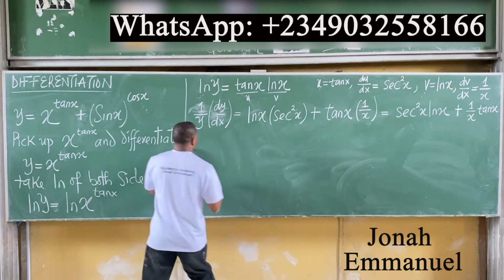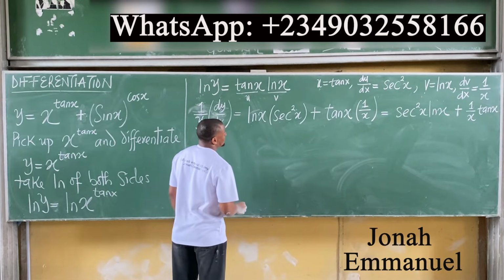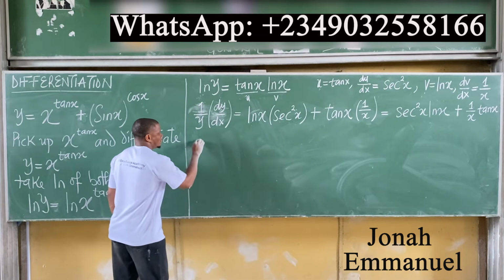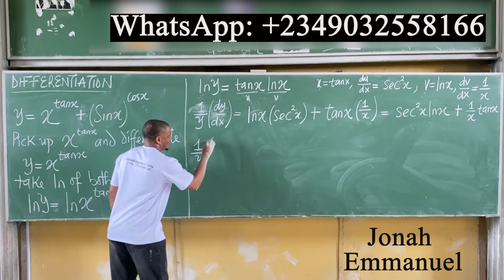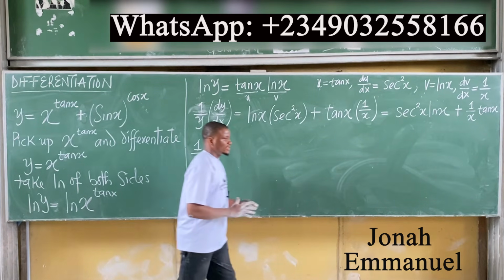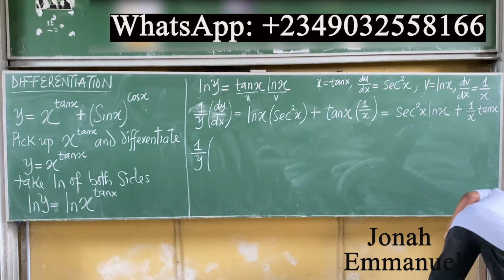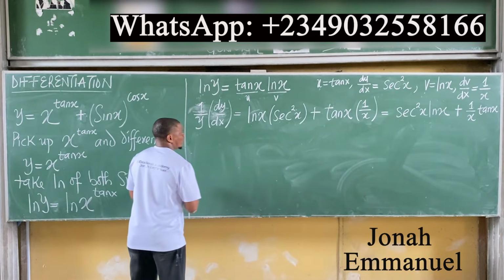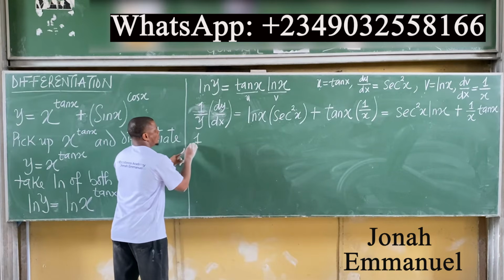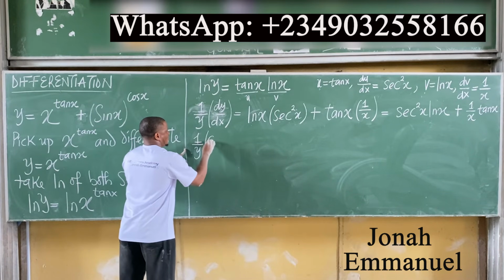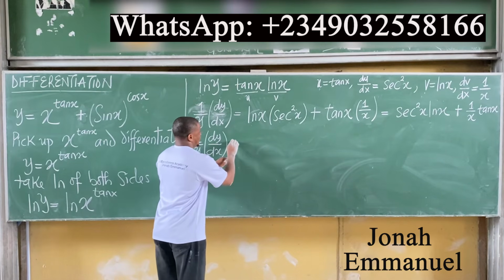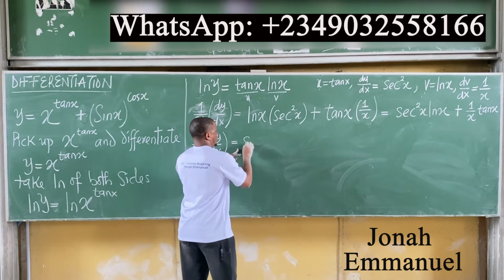From here, I have 1 over y dy/dx. Sorry, let me conserve space, please. This is equal to what there?